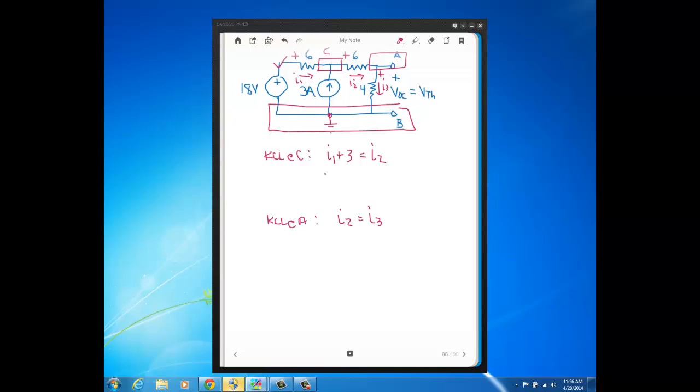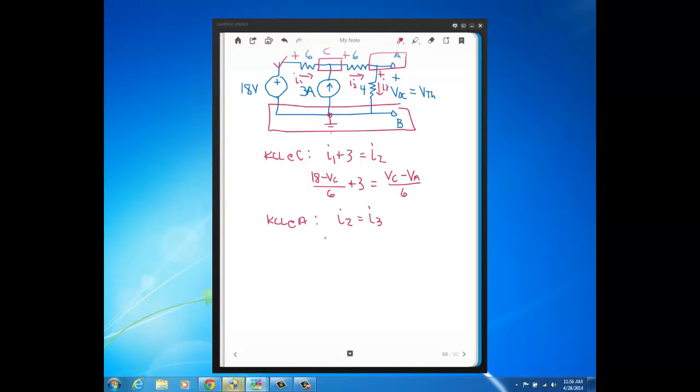Now we write the currents in terms of voltage using Ohm's law. So I1 is going to be (18 minus VC) over 6, then plus 3, and that's going to equal I2, which is (VC minus VA) over 6.